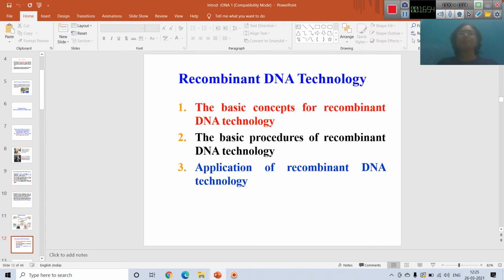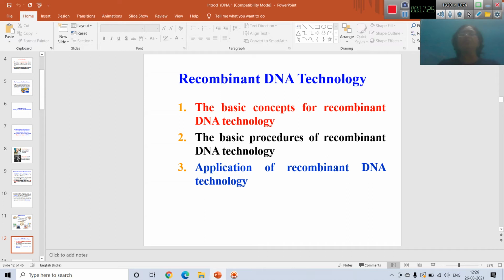Okay. So for recombinant DNA technology, we will see these are the 3 parts to be discussed in your syllabus. The basic concept of recombinant DNA technology, then what is the basic procedure of recombinant DNA technology, what are the different tools employed in genetic engineering or recombinant DNA technology, and what are the applications of recombinant DNA technology.